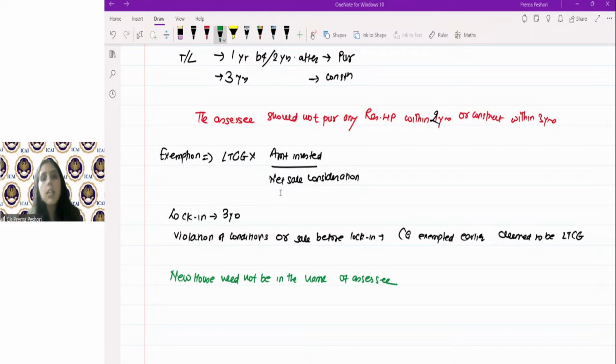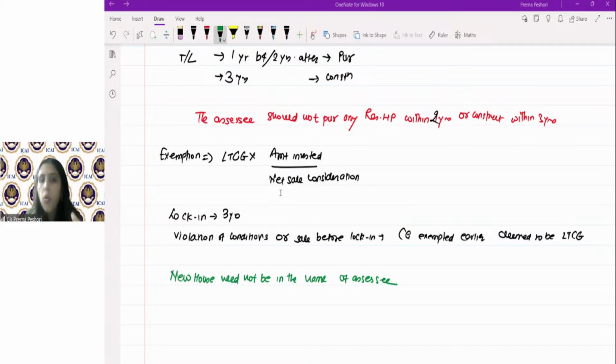Similarly, there is another case where the house property is registered in joint names. The question before the court was, can exemption under 54F be allowed to the co-owner who has paid the whole of the purchase consideration, or will it be restricted to his share in the property? Again, the Delhi High Court held that 54F does not mandate that the house should be in the name of the assessee. It just mentions that the house should be purchased by the assessee.